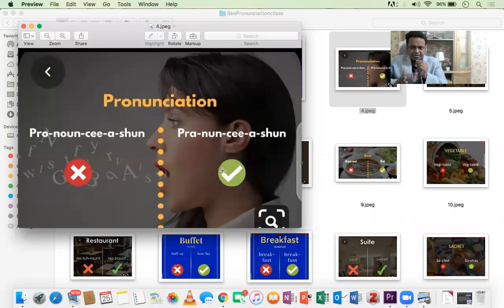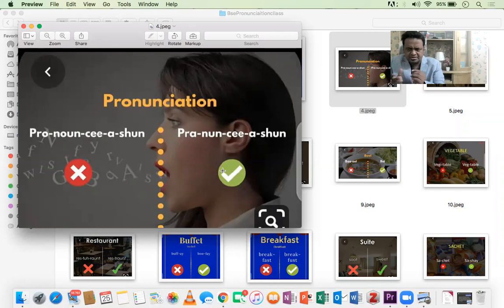One thing I'd like to make clear is that we don't always trust spellings for the pronunciation, because as you know, there are 26 letters in English and there are 42 sounds. So many letters have more than one sound, and lots of letters are silent, and we don't know why.